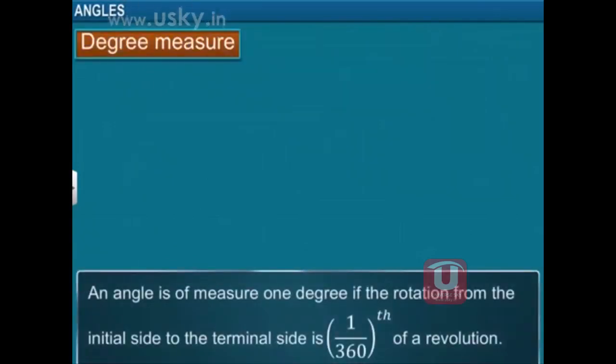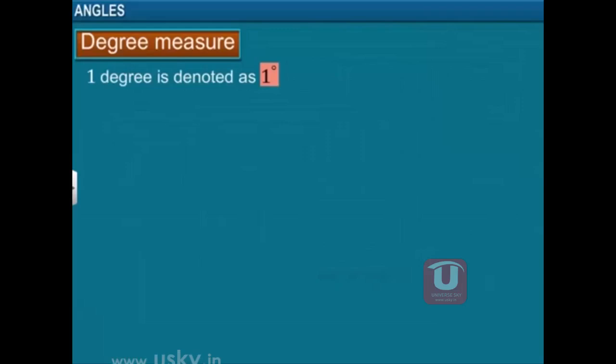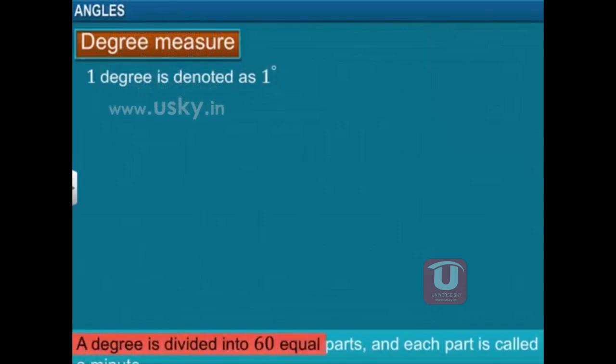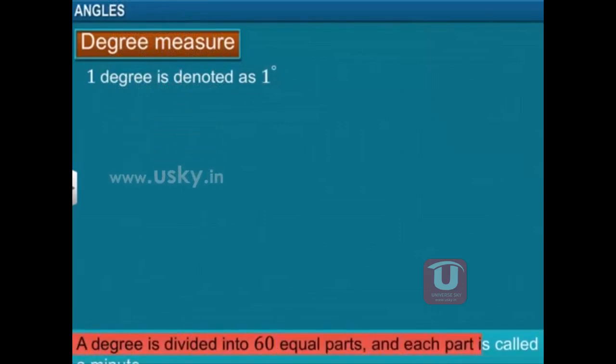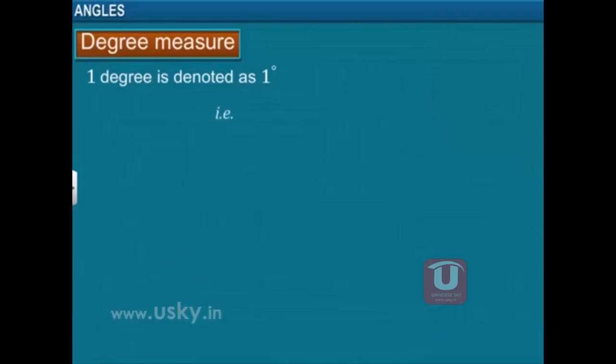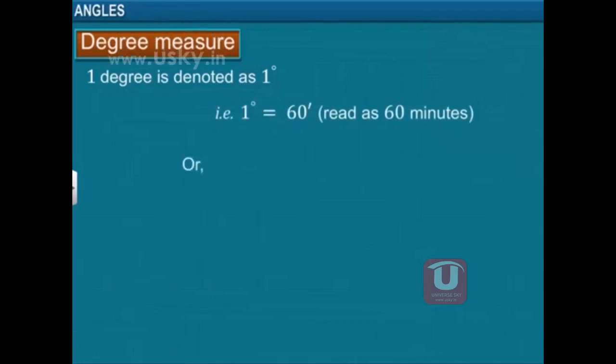An angle is of measure 1 degree if the rotation from the initial side to the terminal side is 1/360th of a revolution. 1 degree is denoted as shown. A degree is divided into 60 equal parts, and each part is called a minute. That is, 1 degree is equal to 60 minutes. In other words, 1/60th of a degree is equal to 1 minute.